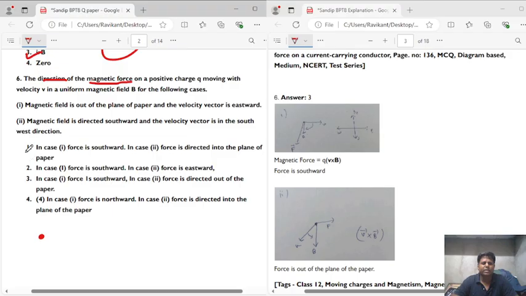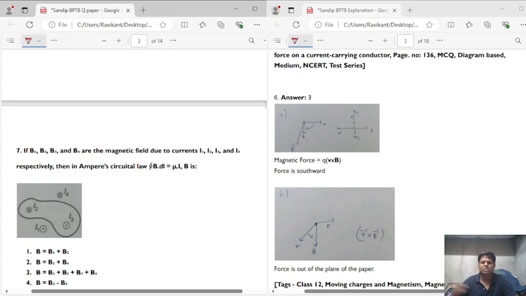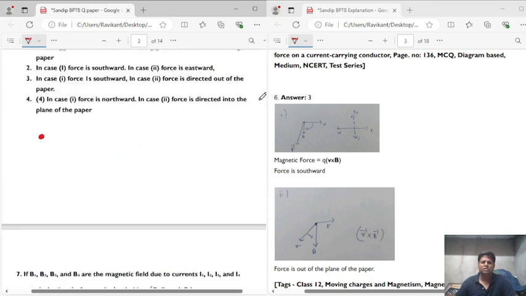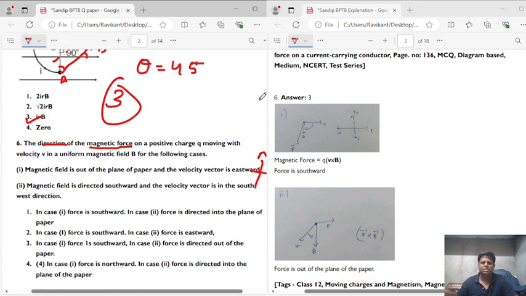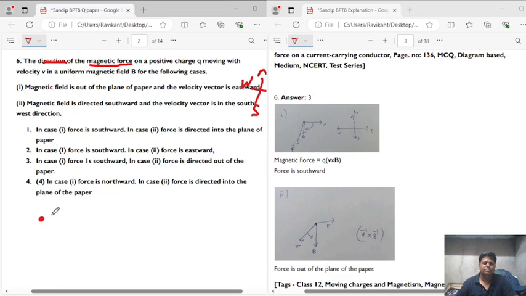Velocity vector eastward means the directions which we follow are like this. This is north, this is east, this is west and this is south. In the first case, the magnetic field is out of the plane of the paper and the velocity vector is eastward, so it is in this direction.